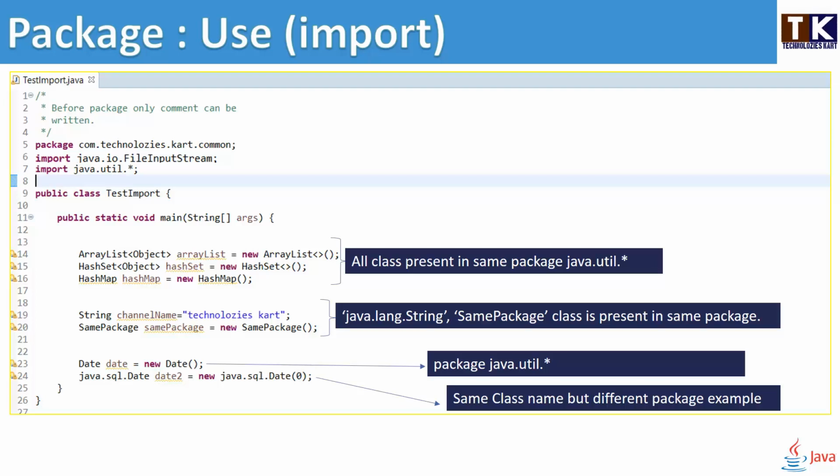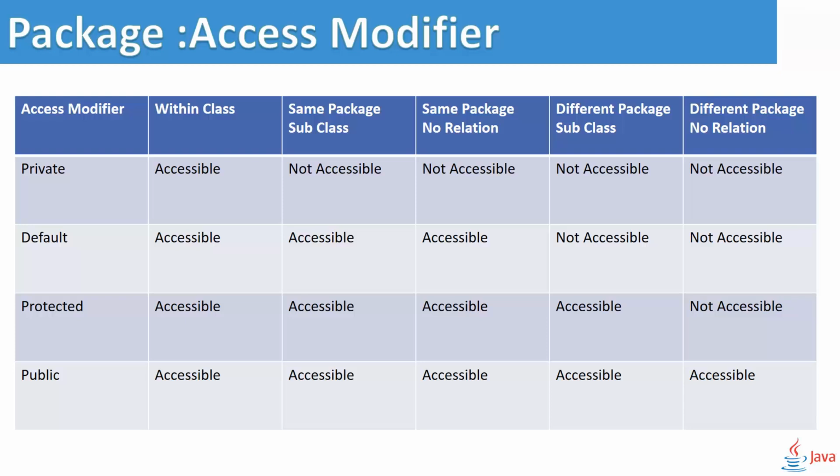Till now we have covered things that are directly correlated with the package. But now let's see the impact of package on the scope modifiers. In this diagram, we can see that if a class has any attribute or behavior as private, it will only be accessible in the same class. If a class attribute or behavior is default, then it will be accessible in the same package.